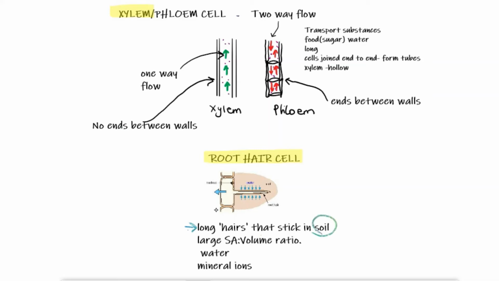This gives the plant a large surface area to volume ratio, which allows them to absorb the water and the mineral ions. The tip for today is whenever you see the words large surface area to volume ratio, you should always think of effective absorption.